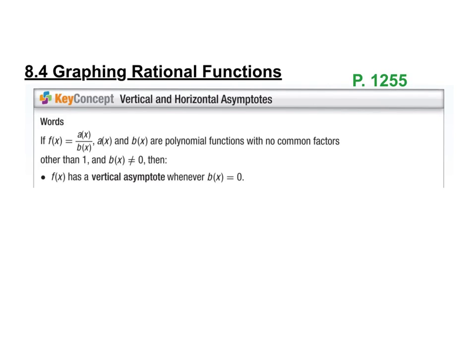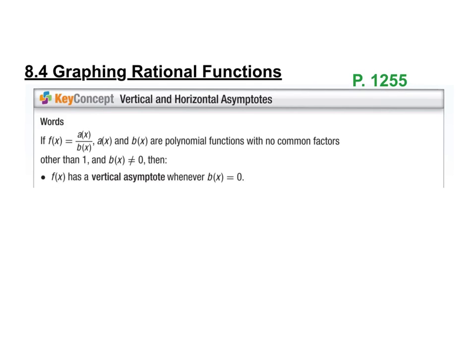First thing, f of x has a vertical asymptote whenever b of x equals 0. Again, what this means is whatever value for x that you plug into this bottom to make it equal to 0 creates a situation where the whole fraction is undefined. Therefore, whatever values make b of x equal to 0 means that there are vertical asymptotes there.